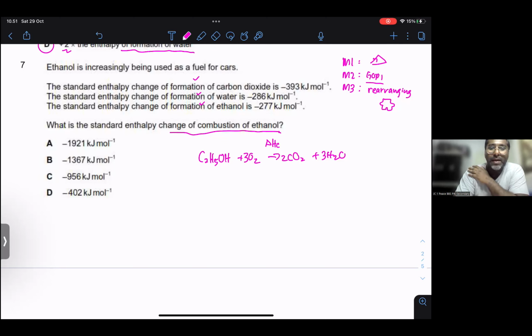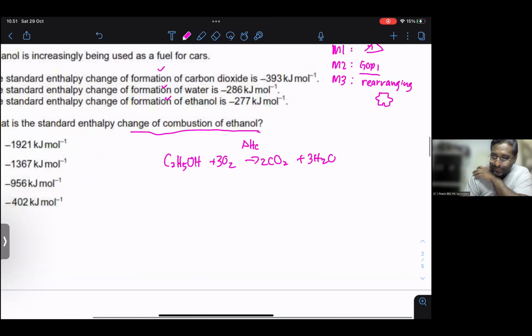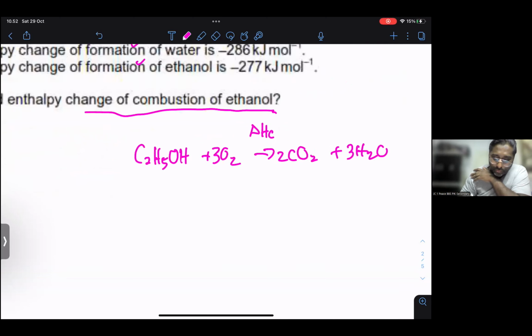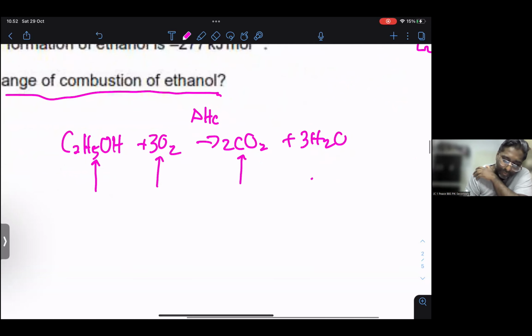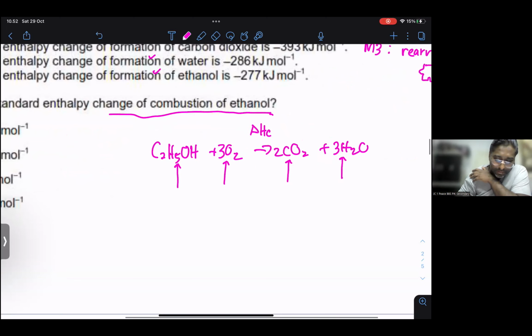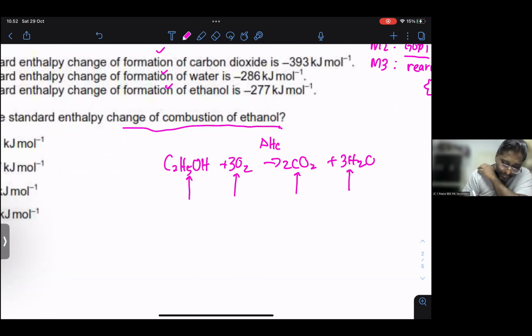But do remember, at the end, it must still reflect Hess's law. So here, I will use my method because of formation. Formation to form, to form, to form, to form. And oxygen, you don't need to form this element, which is going to be 0.